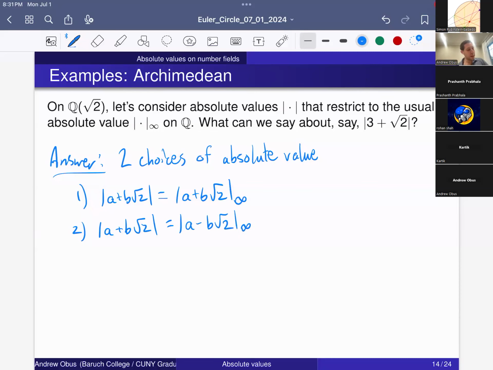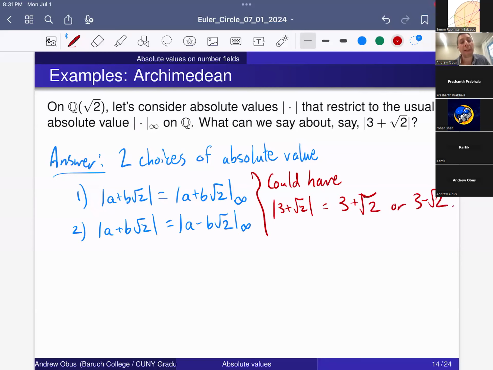So for instance, the absolute value of 3 plus square root of 2 could be either 3 plus square root of 2 or 3 minus square root of 2. Both are possible absolute values.